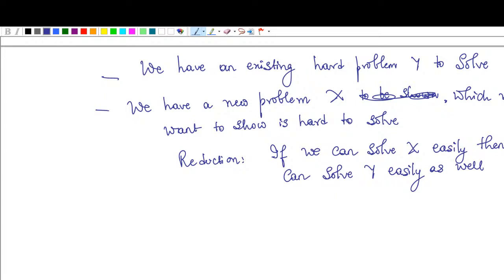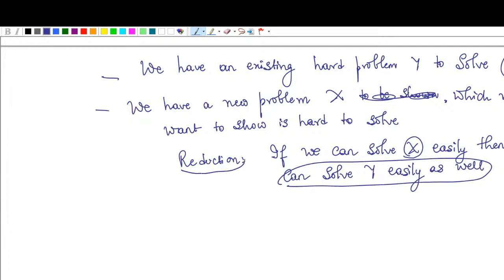But wait, this latter statement is not true, because we have already proved that Y is difficult to solve. That means whatever we have assumed regarding the solvability of X is also not correct. That means we cannot solve X easily.